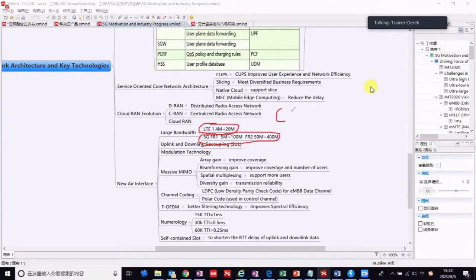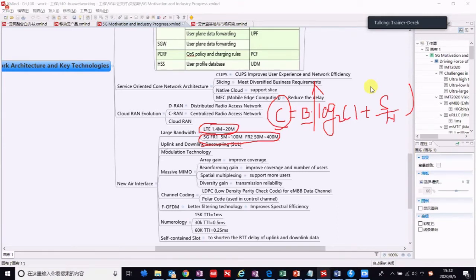Let's see, there is C equals B log, where B means bandwidth. The bandwidth is high, so the capacity is high. It can support the high peak rate.